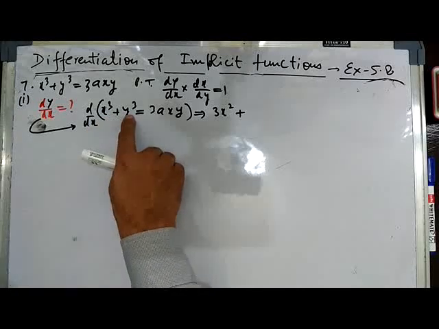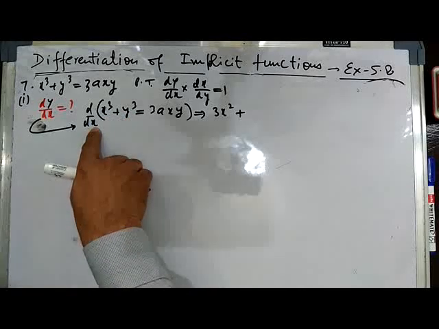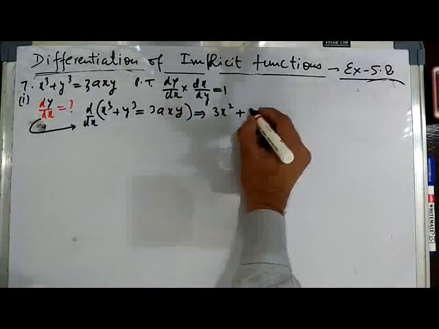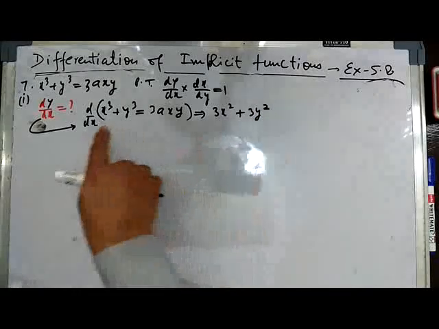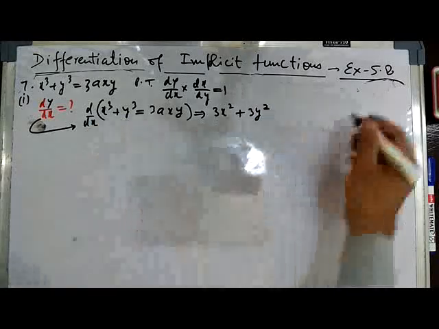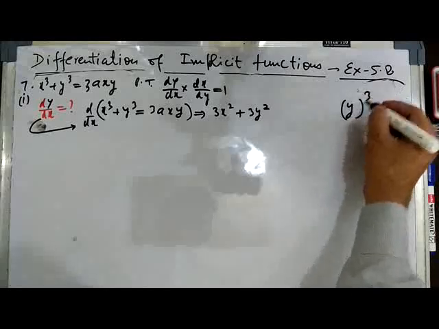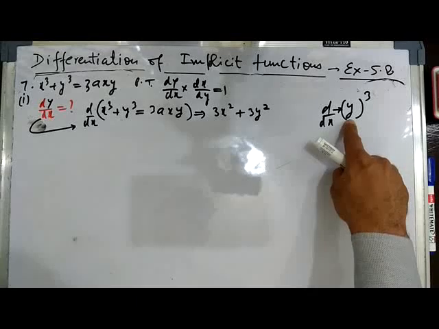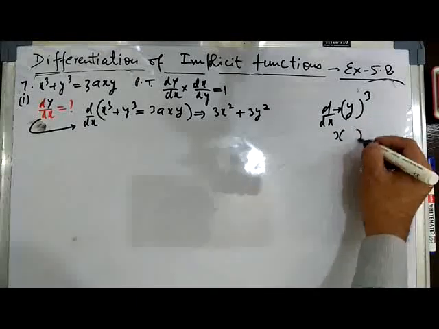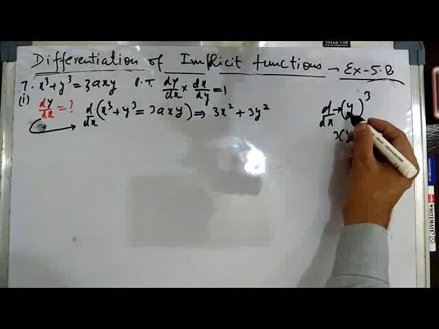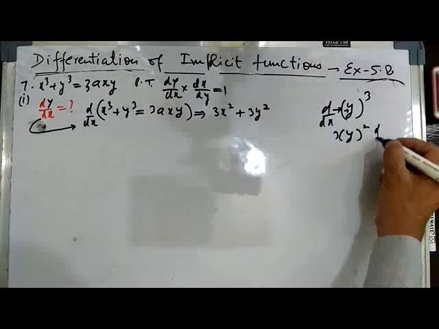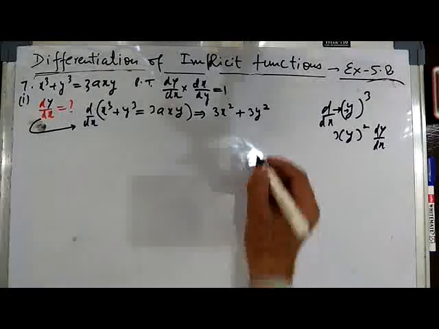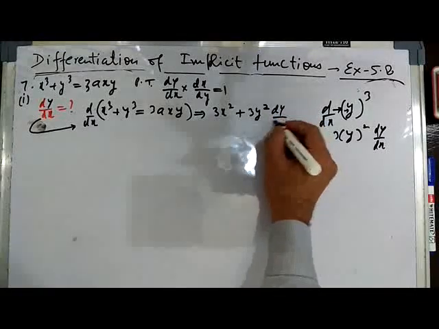But when we reach y, the differentiation is taking place with respect to x. So first it will treat it normally, but then d/dx will reach, for example, y whole cube. So first d/dx will strike here, assuming this as an x. So it is 3, but it is not x, it is y, so d/dx goes inside over y. So it becomes 3y square dy/dx.